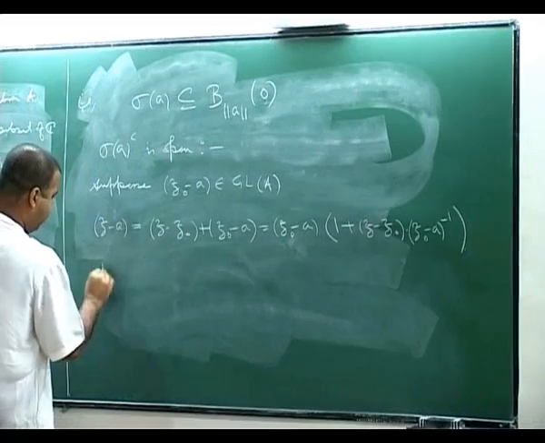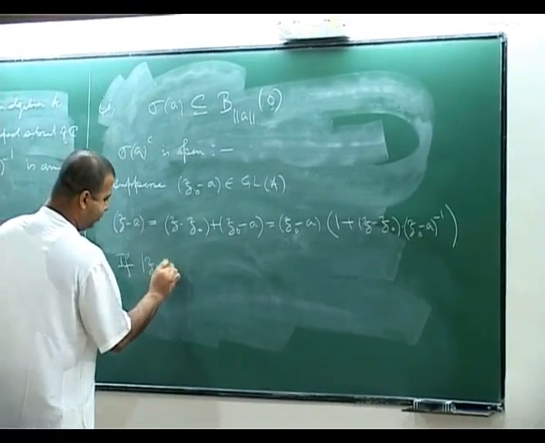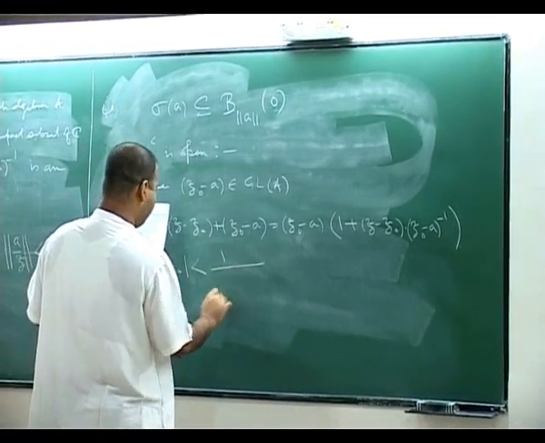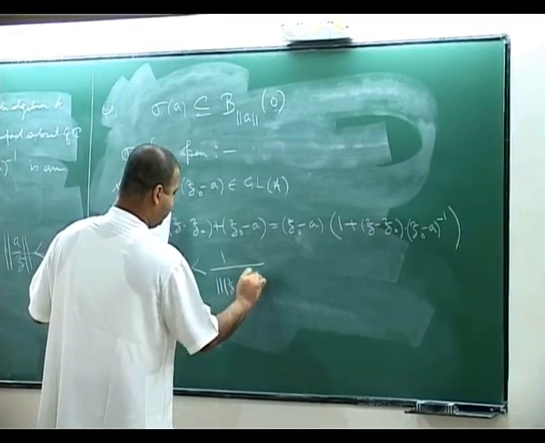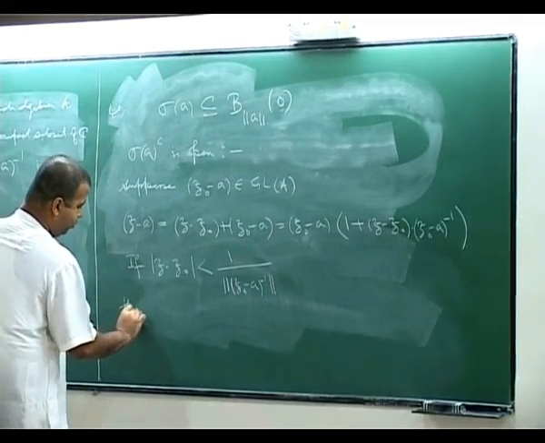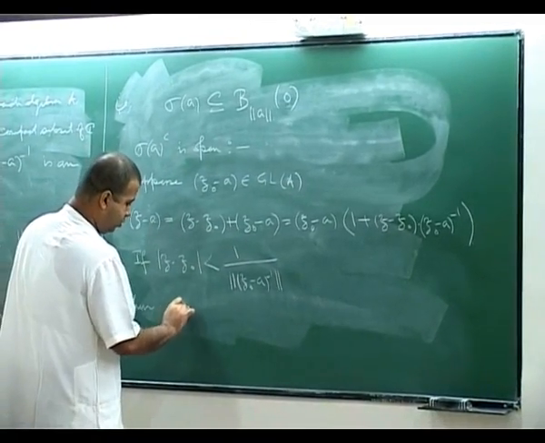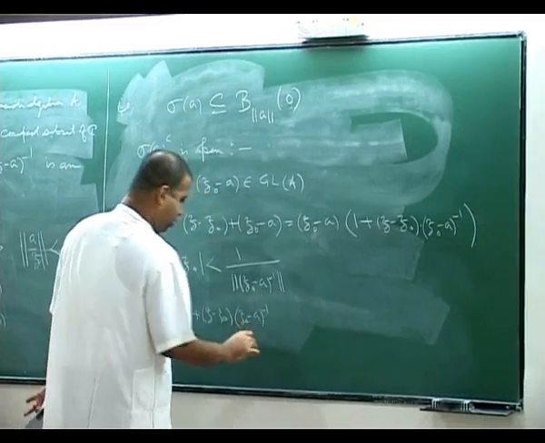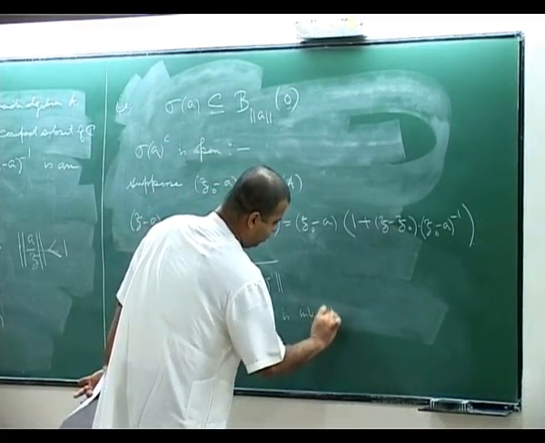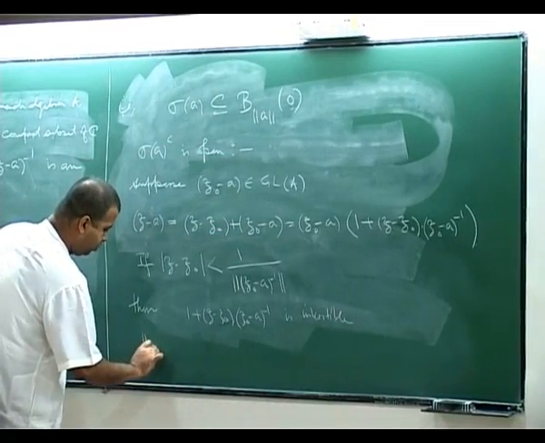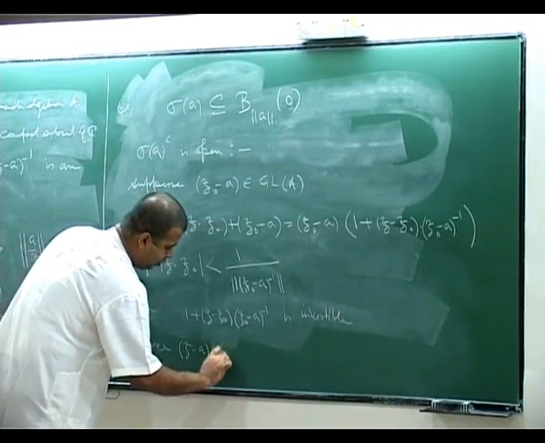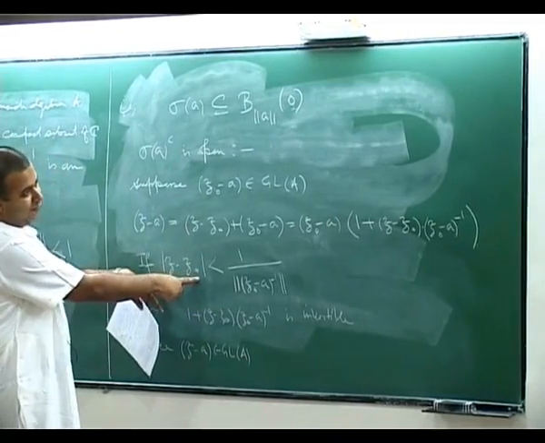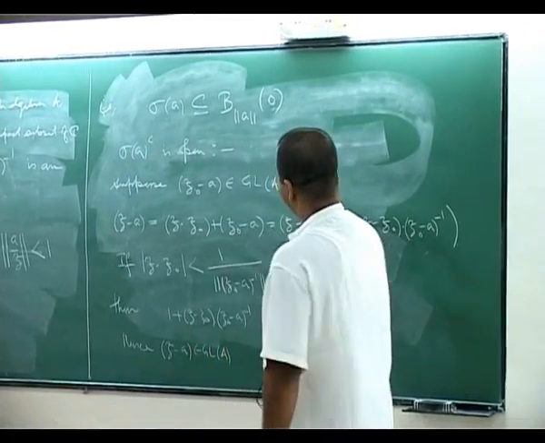So if mod z minus z naught is strictly less than 1 by the norm of (z naught minus A) inverse, then again this product has norm less than 1, therefore 1 plus this is invertible, so z minus A is invertible.